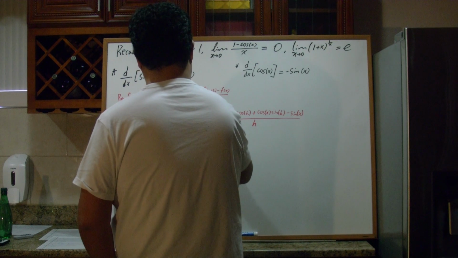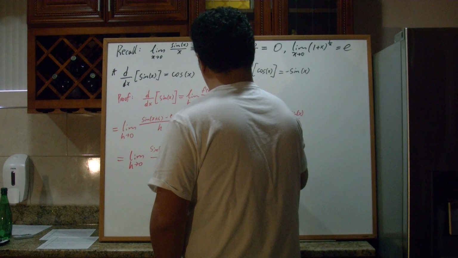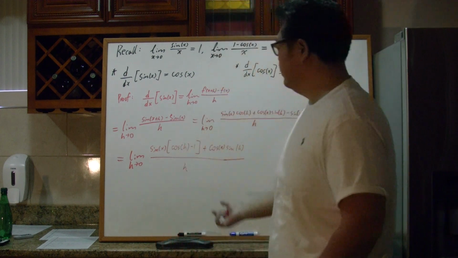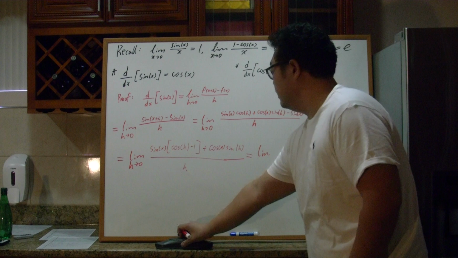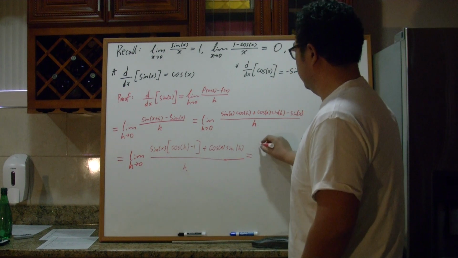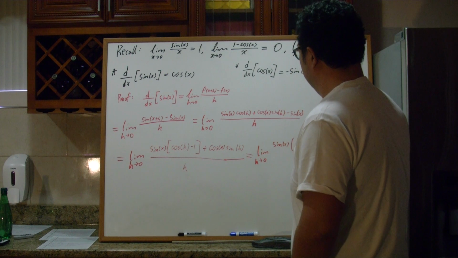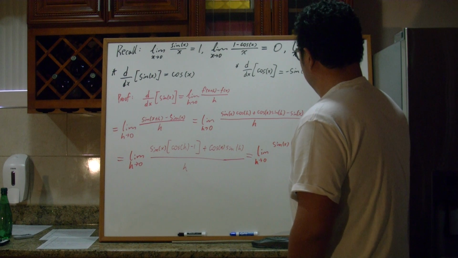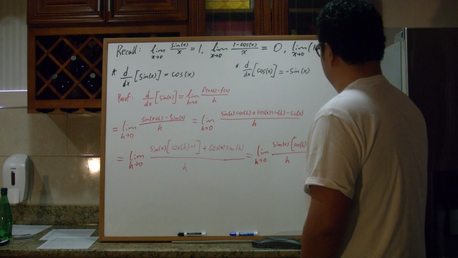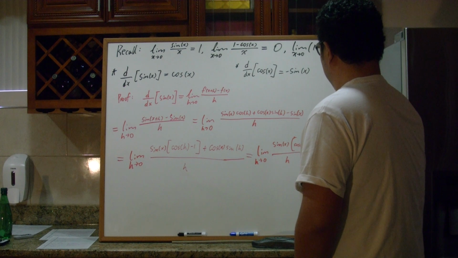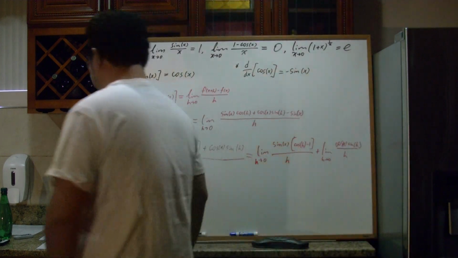Sine x times cosine of h minus 1, plus cosine of x times sine of h, all over h. We have two sums, which could be separated into two limits. Just separate it first: sine of x times the limit of (cosine h minus 1) over h, plus the limit of cosine x times sine h over h.